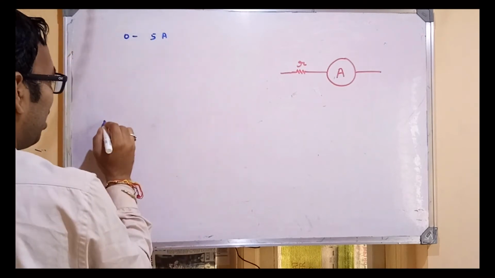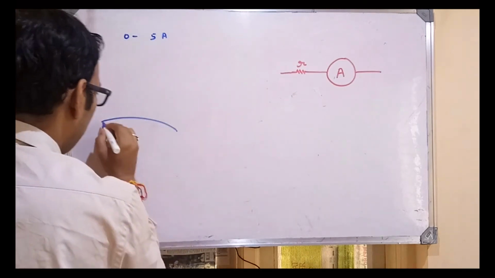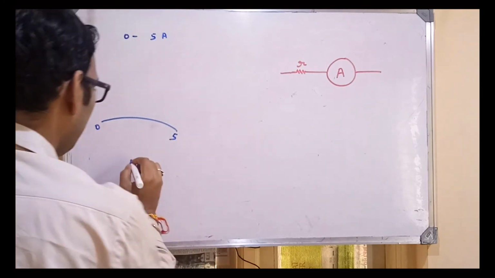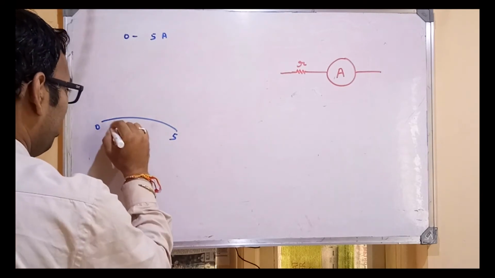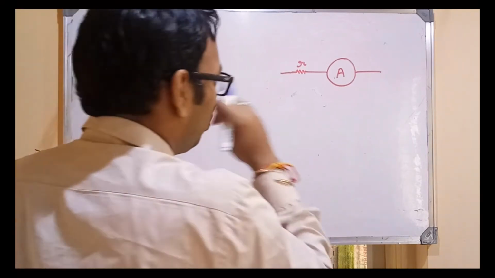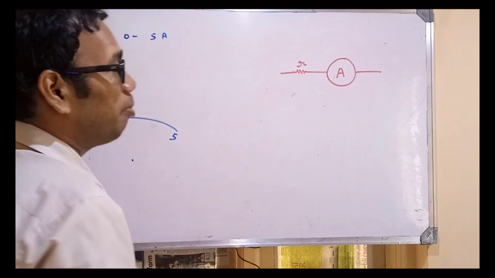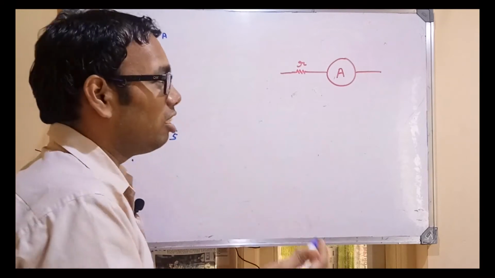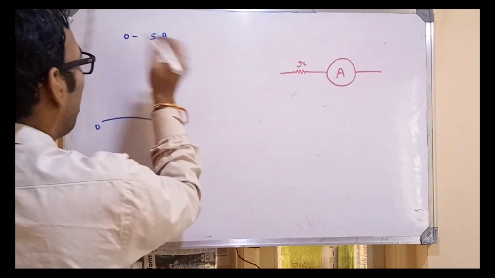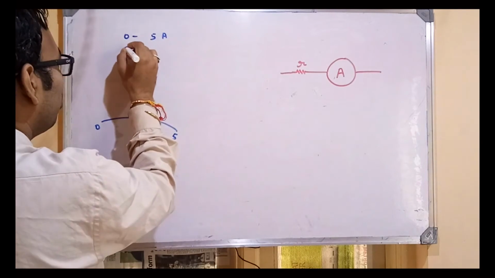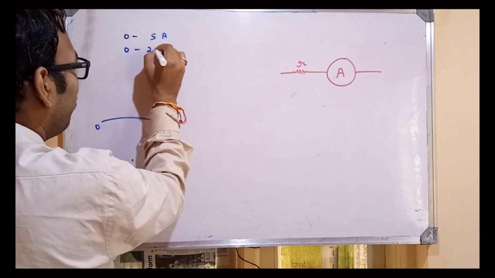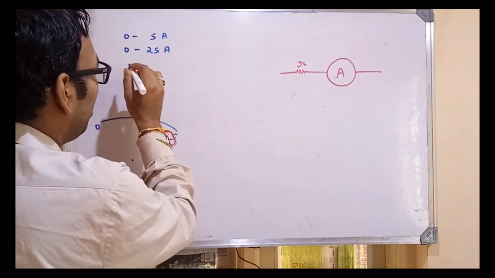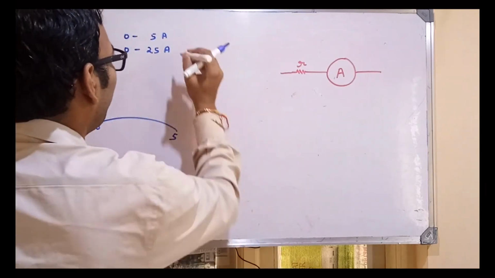So the scale for that meter is 0 to 5. This meter can read up to 5, but I want that meter to read 0 to 25 ampere.